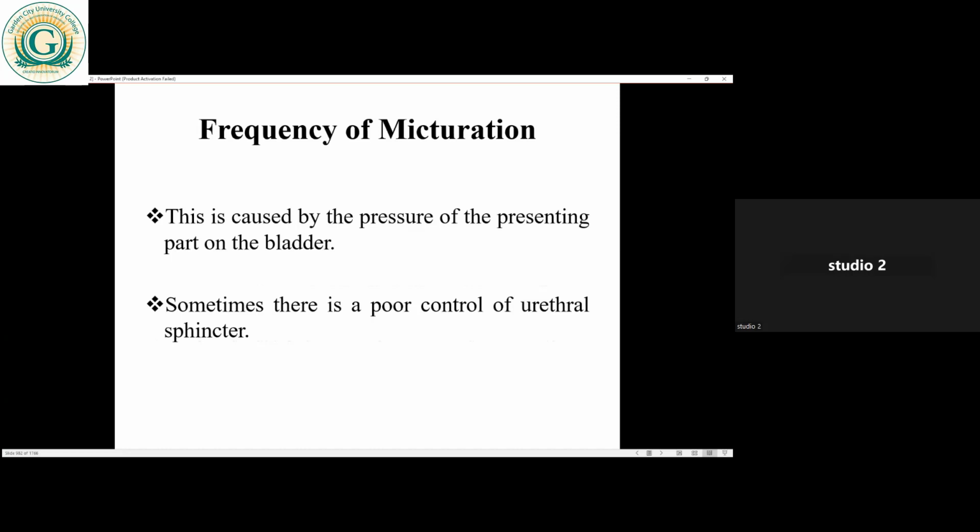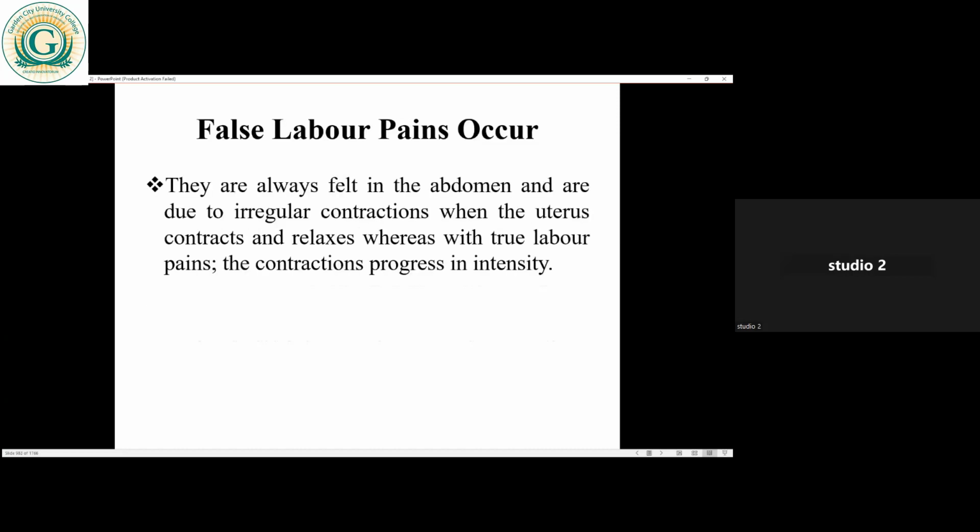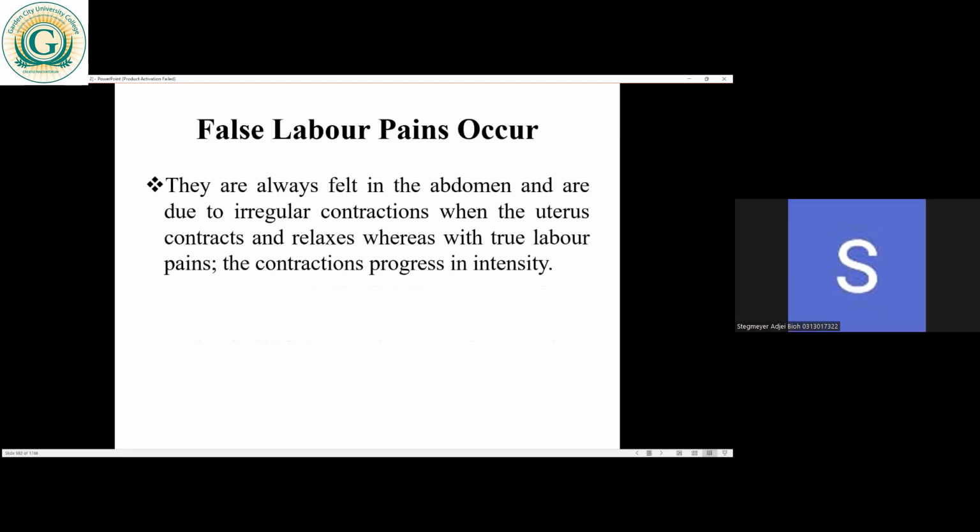Don't forget, the bladder is in the anterior part of the uterus. So when the mother is about to deliver, just like at the beginning of the pregnancy, she complains of frequency of micturition. And then you have false labor pains, which we call Braxton Hicks contractions.